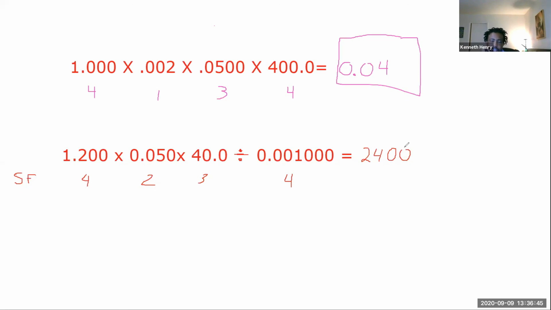Okay. Piece of cake? Yeah. And is it 2 sig figs? Yes. Okay.